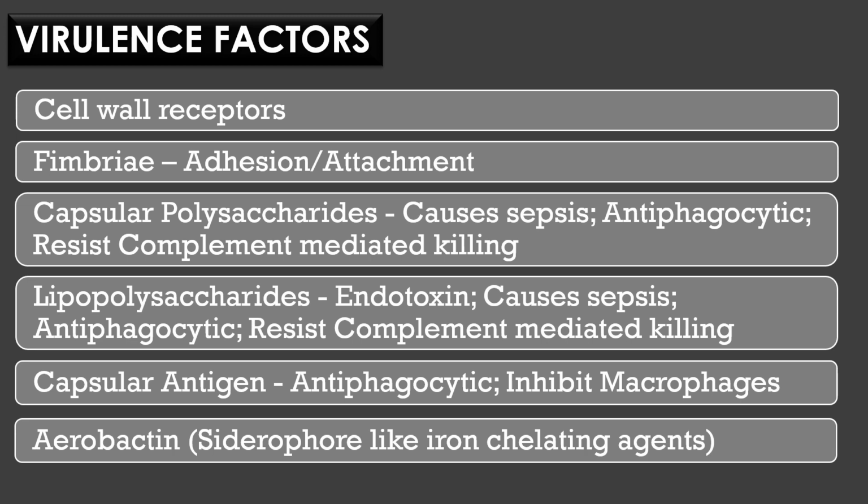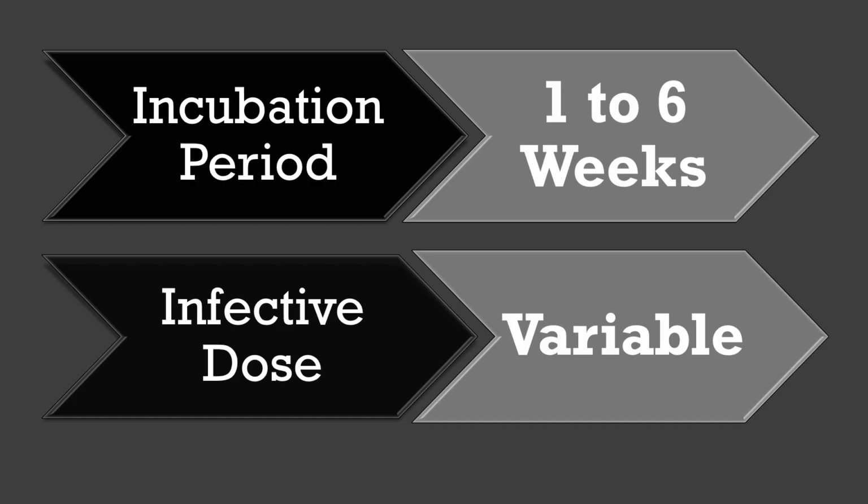And the fifth virulence factor is capsular antigen, which is antiphagocytic in nature and inhibits the macrophages. And the final and sixth virulence factor is aerobactin, which act as a siderophore-like iron chelating agent. And the incubation period for Klebsiella pneumoniae is 1 to 6 weeks, and the infective dose required to cause the infection is variable.